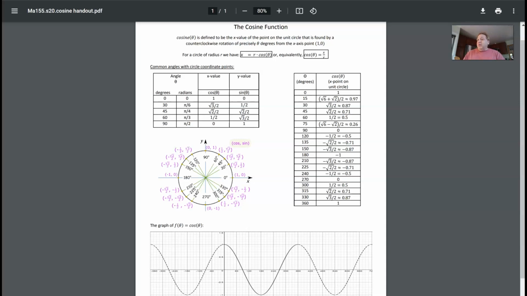Okay, there's also new vocabulary. Horizontal shifts in terms of trig functions are sometimes referred to as phase shifts. Vertical shifts are often referred to as midlines. Horizontal stretches are often referred to as period changes. Vertical stretches are amplitude. So they're changing up a lot of vocabulary of things that we've already learned.